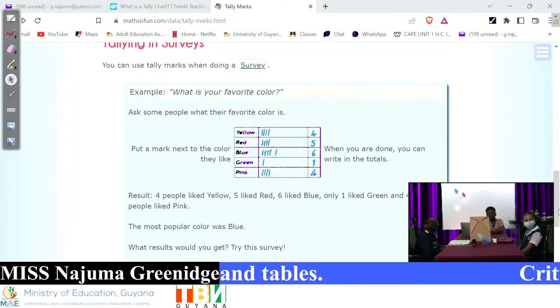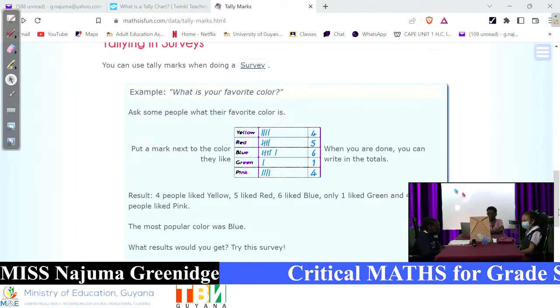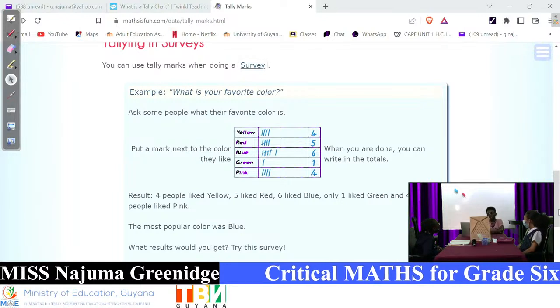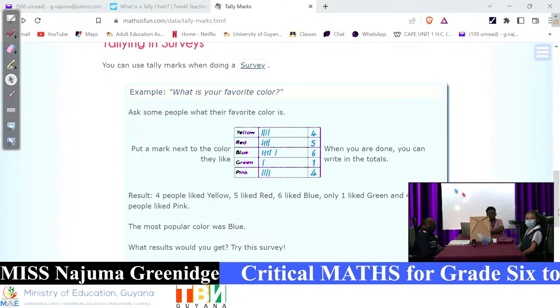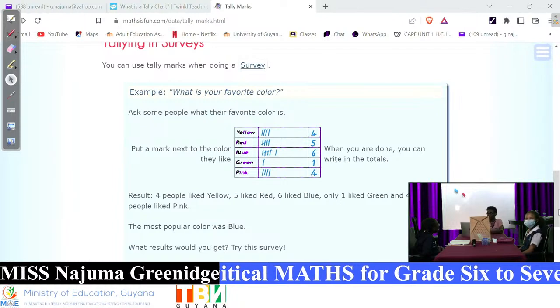And the pink color, how many tally sticks are you seeing here? 4. Alright, so you write the number 4. So 4 persons like yellow, 5 like red, 6 like blue, and only 1 likes green. And 4 like pink. So the table that you're looking at is what we call a frequency table.